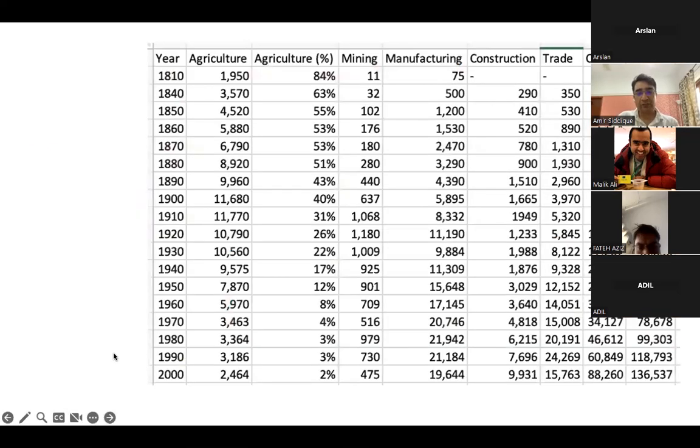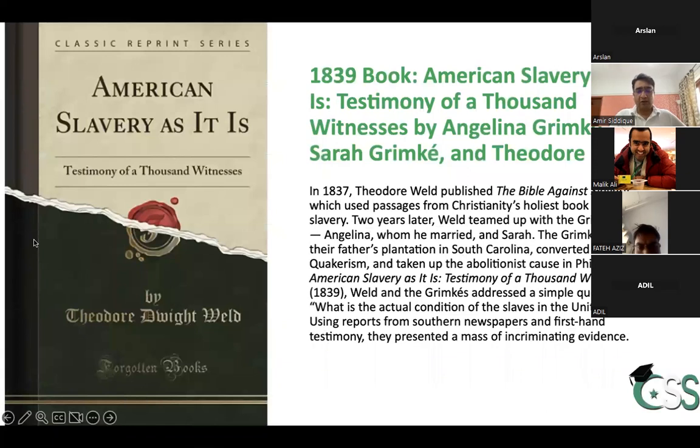So let's go to, this is the same as a percentage. The same graph is in table form. In agriculture, we have 2% of the labor force in 2000, as opposed to 84% in 1810. And now I'll talk about a few things.